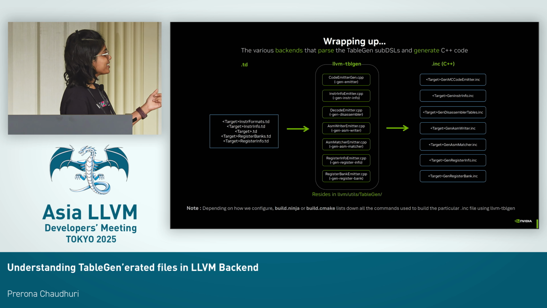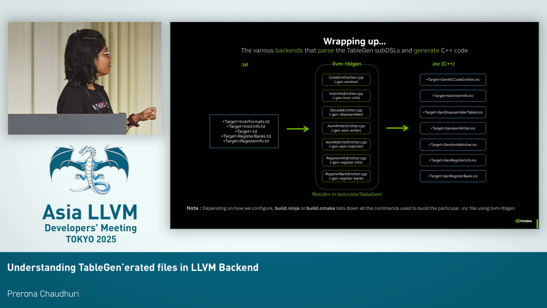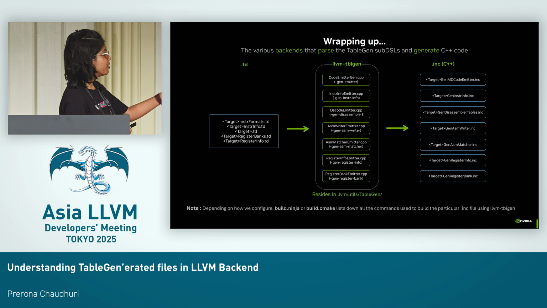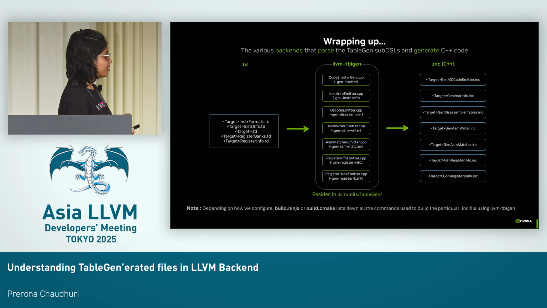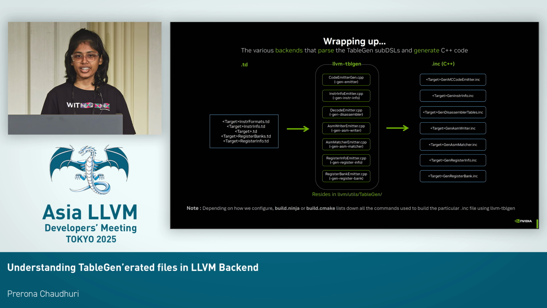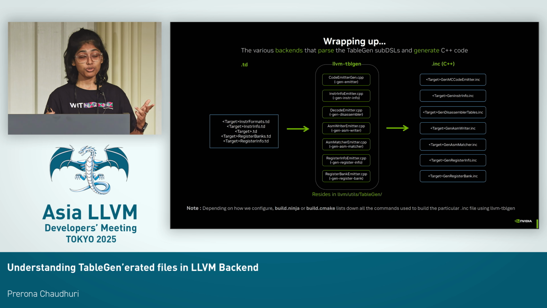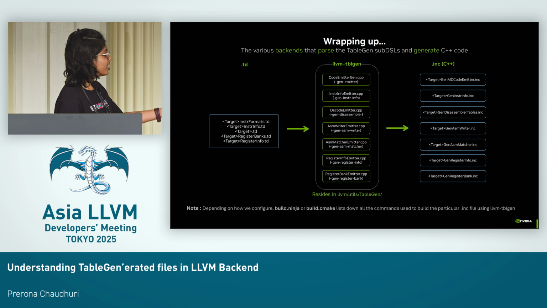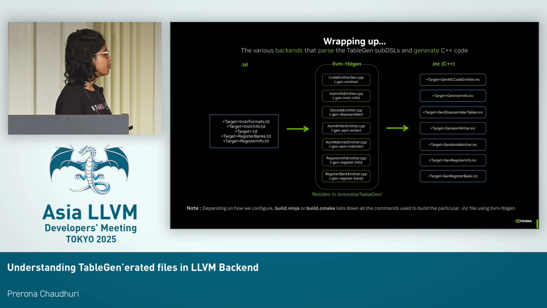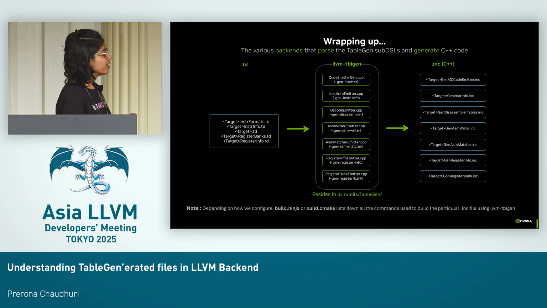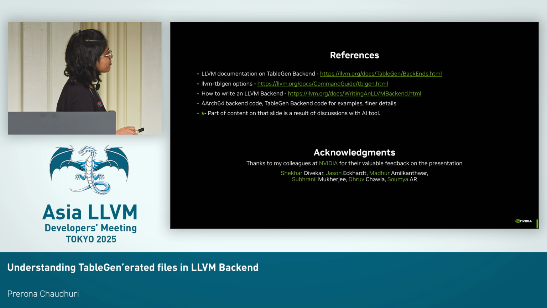The code resides in this folder, LLVM utils tablegen. And if you are interested to see the actual command that's used to generate these .inc files, you could also check build.ninja or build.cmake.